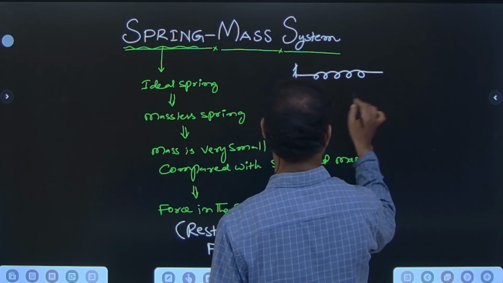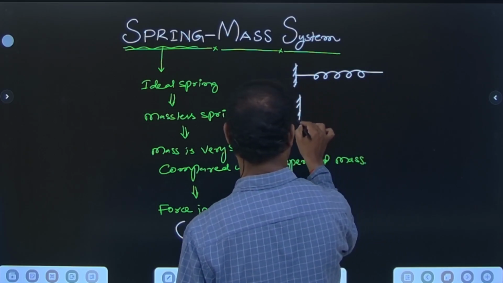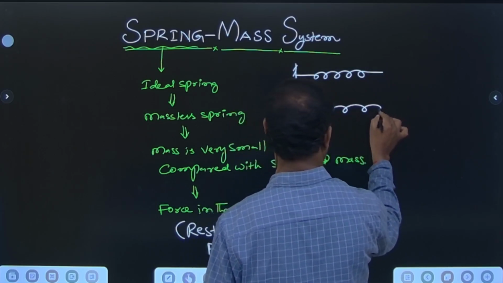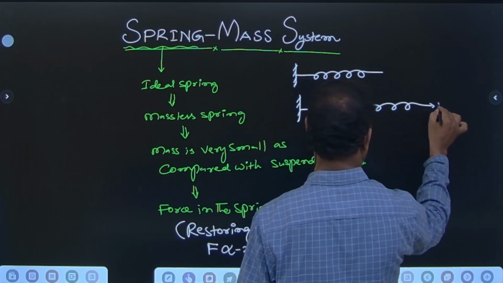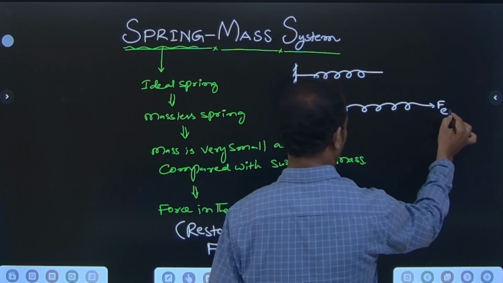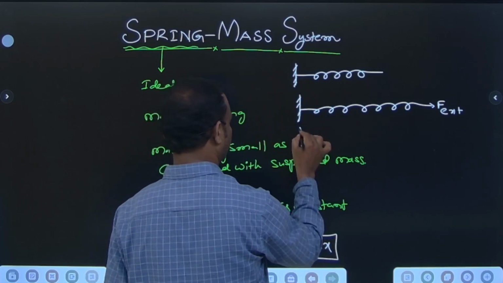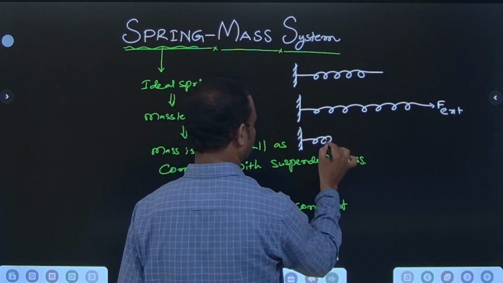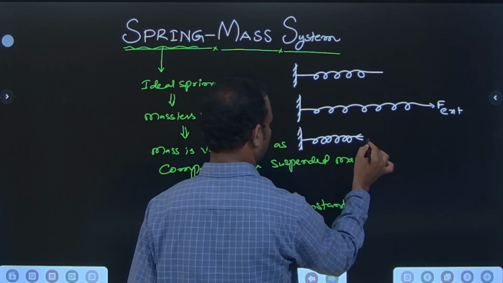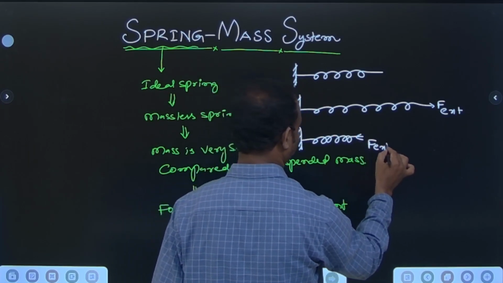Now the possibilities are that it is elongated by an external force, or the spring is compressed by an external force.